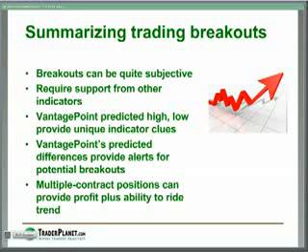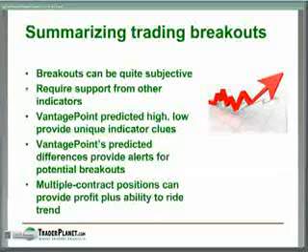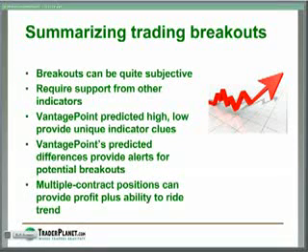They provide the alerts that you might have a potential breakout shaping up. Again, you don't anticipate, but you are prepared for them when they do happen. Also, I mentioned multiple contract positions. That way, if the market is moving and you want to stay with it, you can stay with it. If you have only one contract, it's either kind of all or nothing.